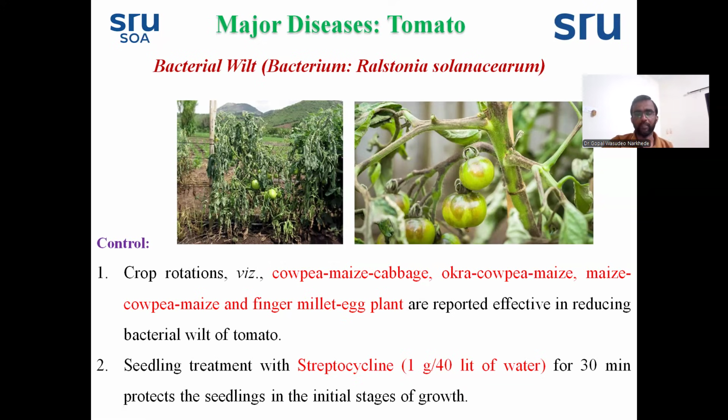Then second, seed treatment with streptocycline 1 gram per 40 liters of water for 30 minutes to protect at initial stages. So crop rotation and treatment with streptocycline, so that we can control this bacterial wilt.